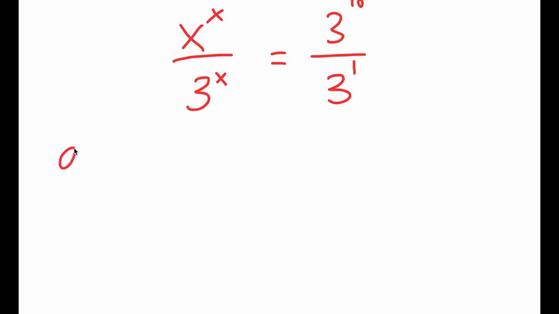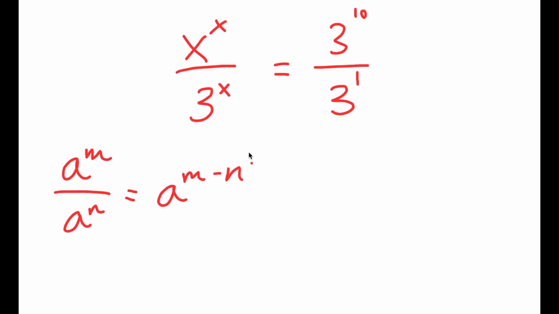Now, if I have something in the form a to the power of m over a to the power of n, this is equal to a to the power of m minus n. So 3 to the power of 10 over 3 to the power of 1 is going to equal 3 to the power of 10 minus 1, which is equal to 3 to the power of 9.